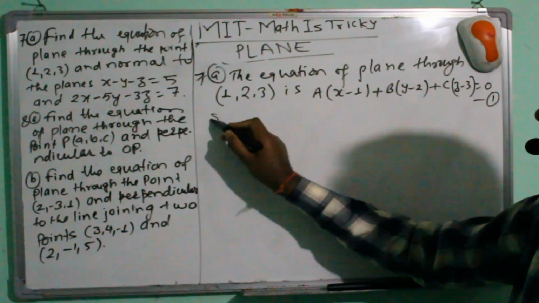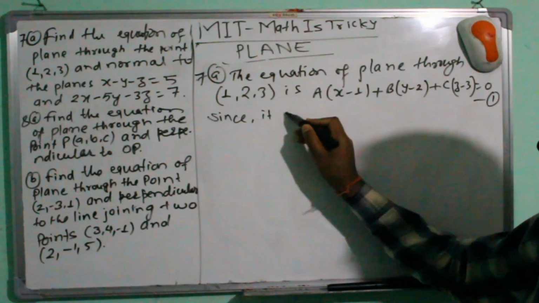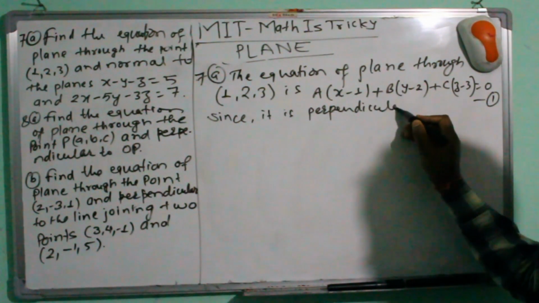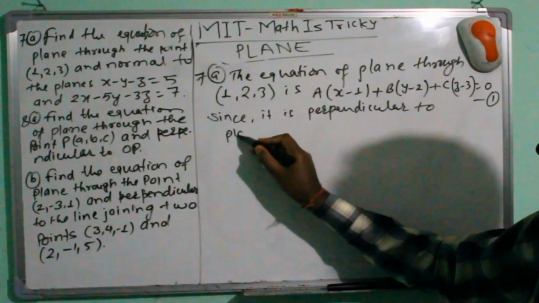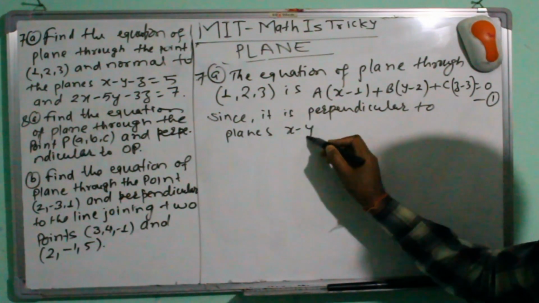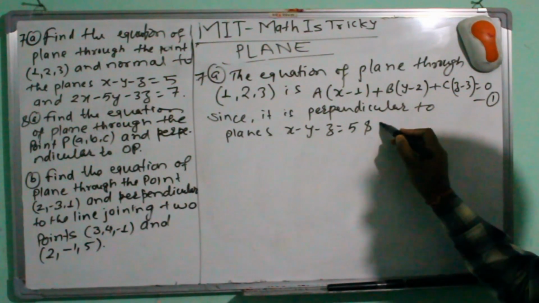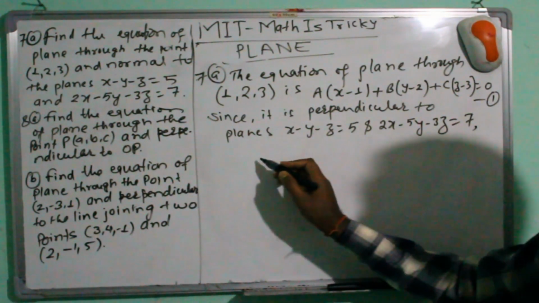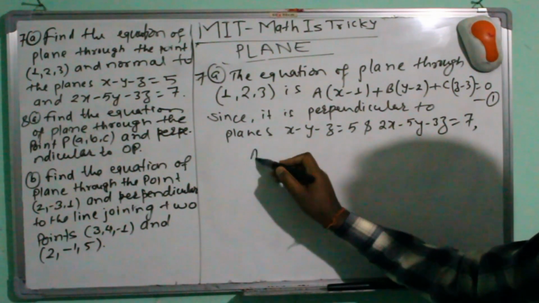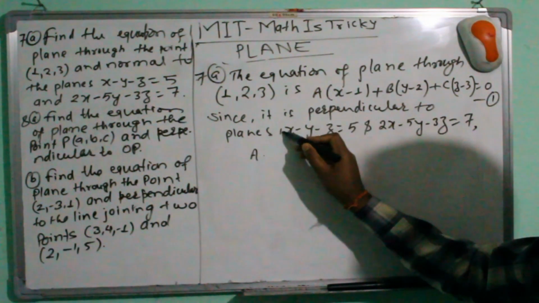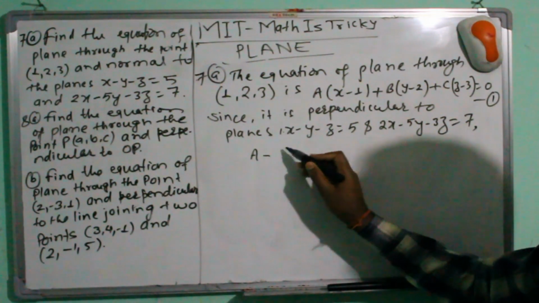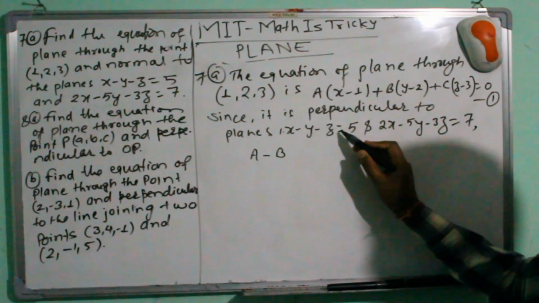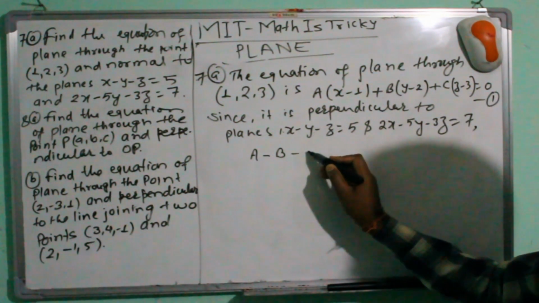So here, since it is perpendicular to the planes x minus y minus z equals 5 and 2x minus 5y minus 3z equals 7, we can write a into 1, a, minus b into minus 1, here b into minus 1, so it will be minus b, and then c into minus z, so it is minus c equals 0.